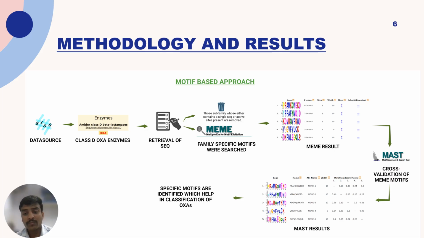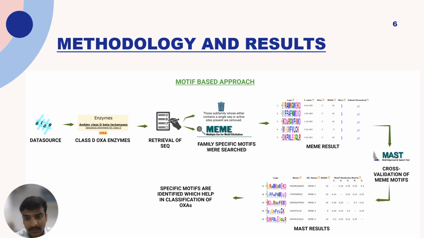Those active sites are known to us by reading some research papers. Then we removed the sequences that contain active sites, because active sites are those sites which are conserved among the subfamilies. So we removed these sequences because we want to find those motifs which are specific to that subfamily.